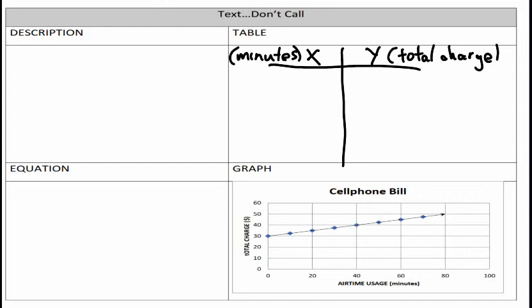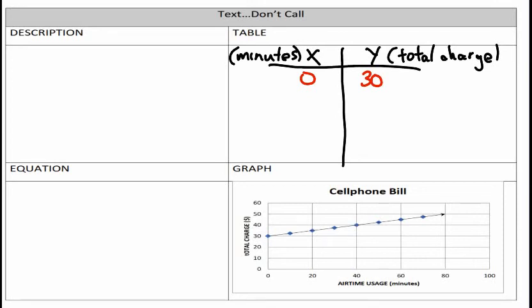So the first dot I see is when there's 0 minutes, the total charge is $30. That already gets me thinking, by the way, about things like the equation and the description. Just that one row, what does that row mean? What does it really say in words as it relates to minutes of airtime compared to total charge? But we'll wait for those things once we go to fill in those boxes.